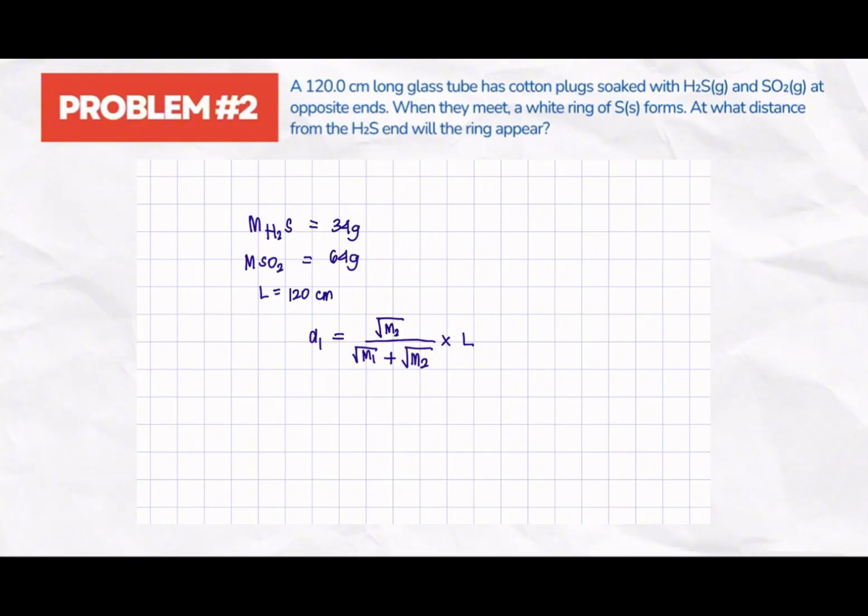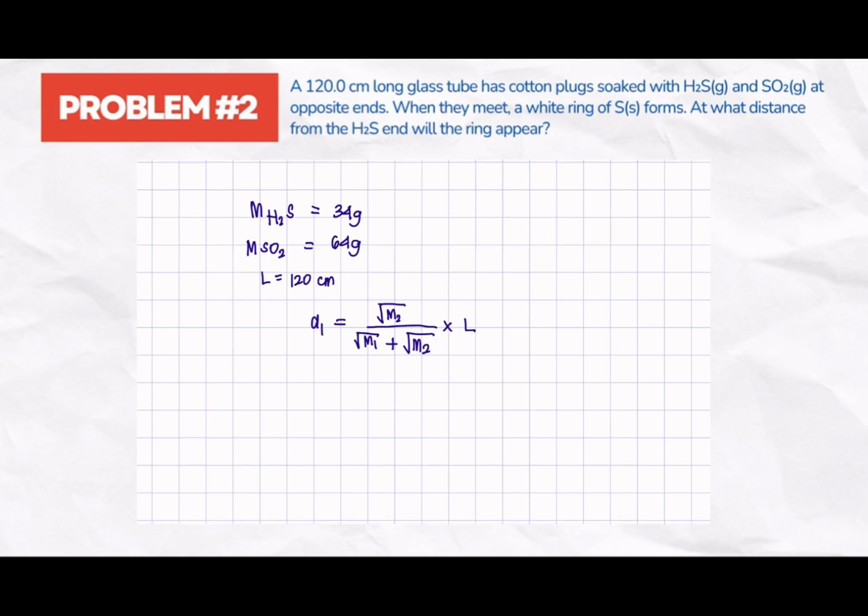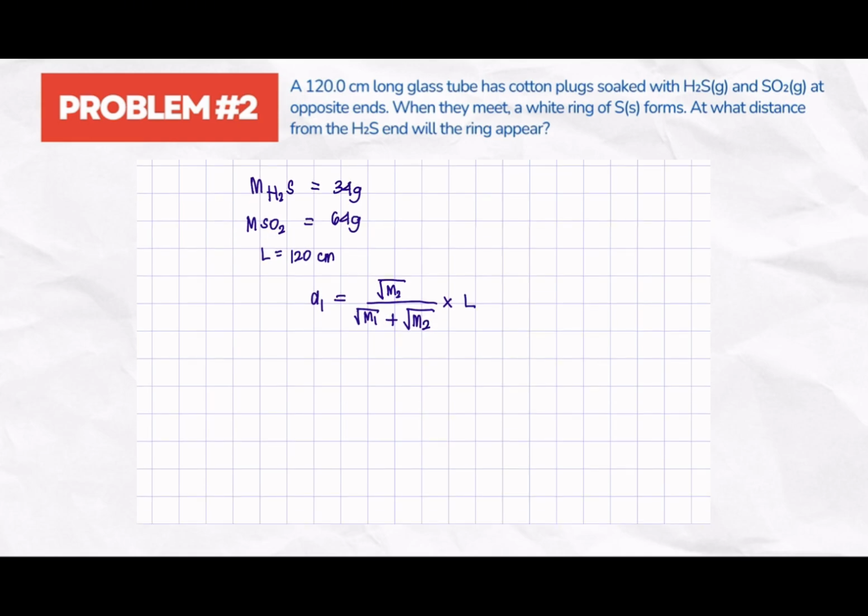Substituting that to the formula, since the end asked is H2S, replace 1 with H2S. That means your subscript 2 is SO2, and the molar mass of our gas 2 is 64 grams, and our molar mass 1 is 34.